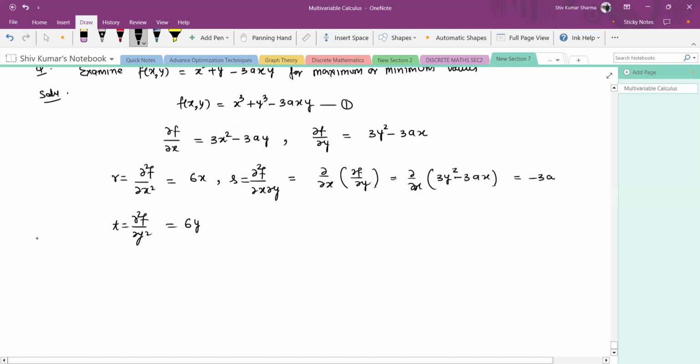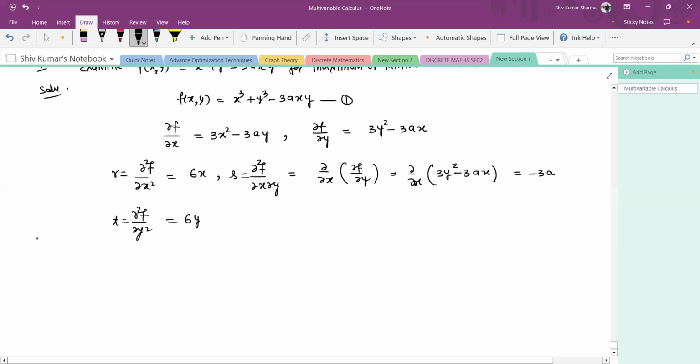Now first we calculate the stationary values. For calculating stationary values, we put del f upon del x equal to 0 equal to del f upon del y.